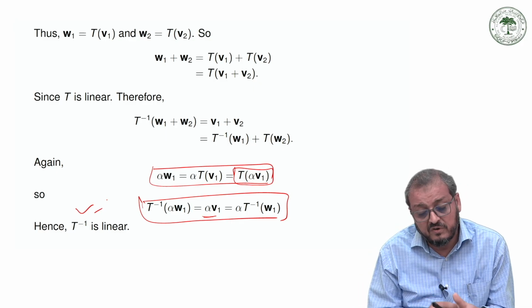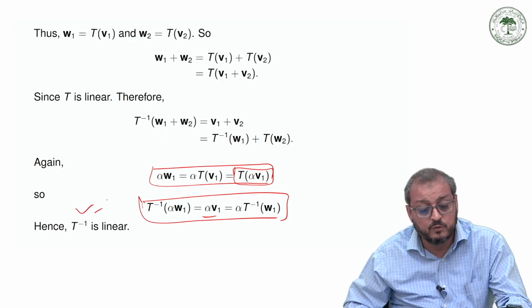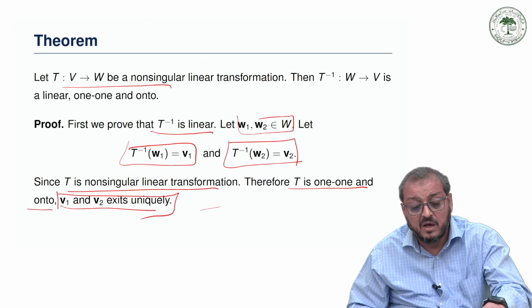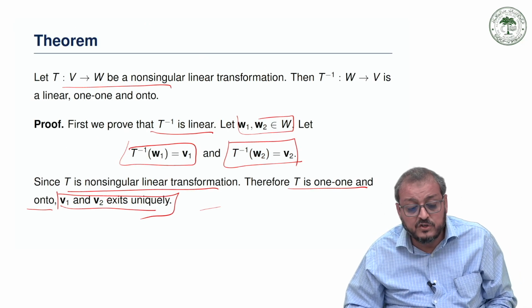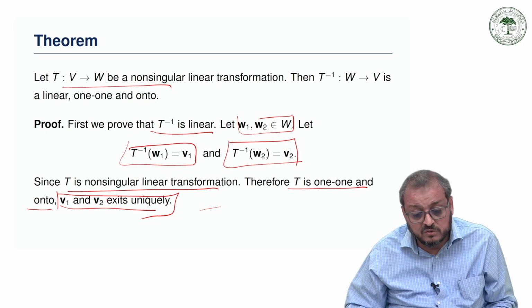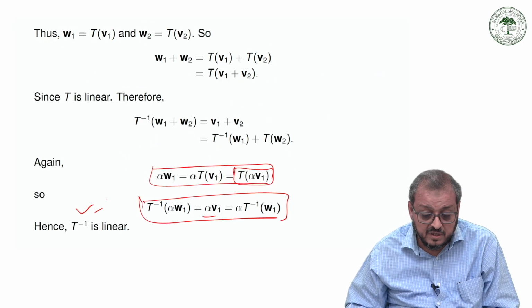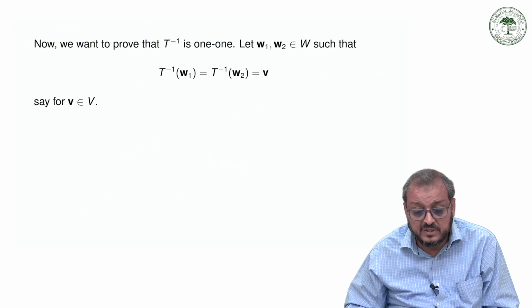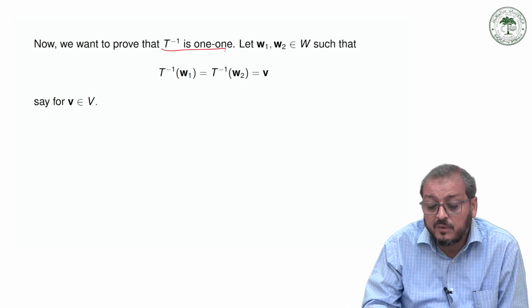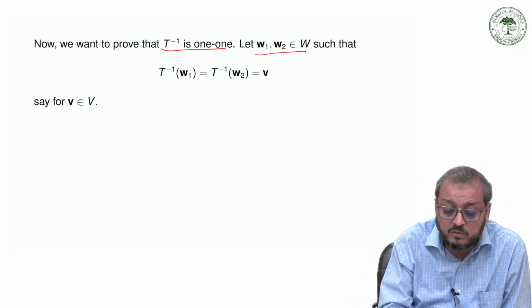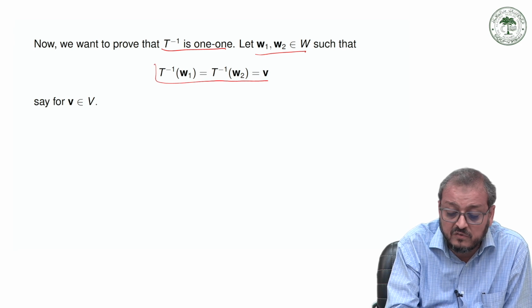So if T inverse is a linear map, then we have proved the first part of this theorem, that it is linear. Now we show that if T is non-singular, then T inverse is also non-singular. So we just prove that T inverse is 1-1. Let w1, w2 be elements of W such that T inverse of w1 is equal to T inverse of w2.